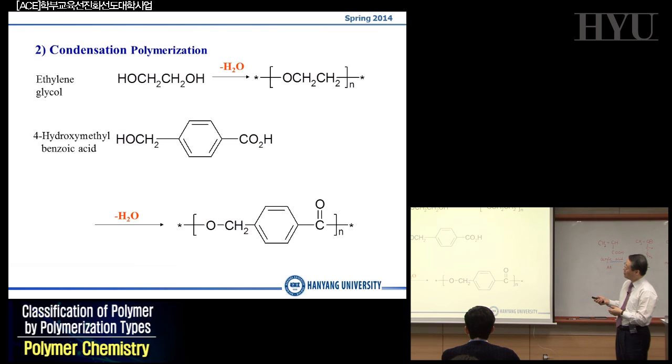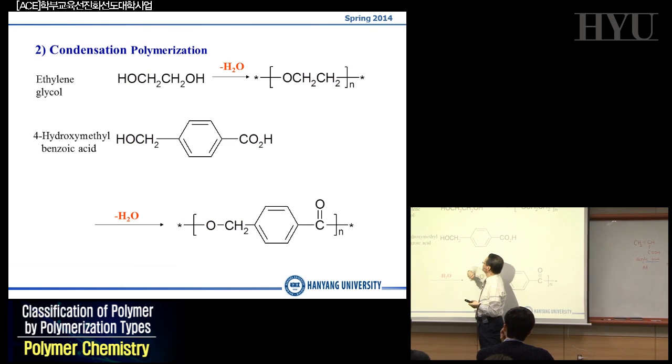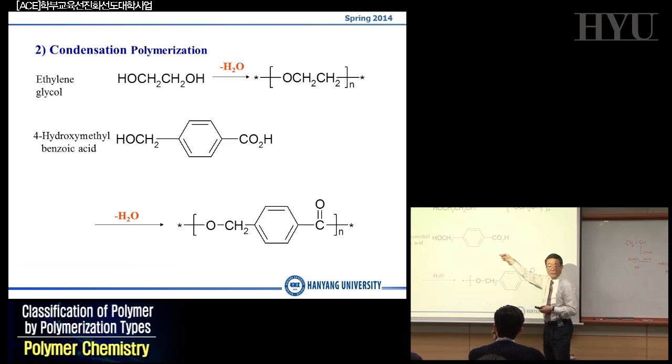Now, let's think about this type of monomer. You have a benzene ring with one carboxylic acid, and without any substituent groups, we call this benzoic acid.